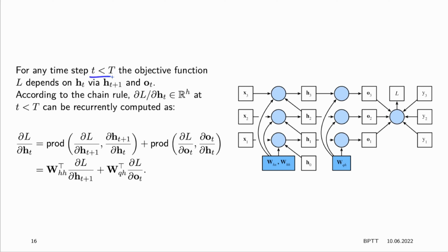Now for any other time step t smaller than capital T, the objective function depends on H_t via H_{t+1} and O_t.